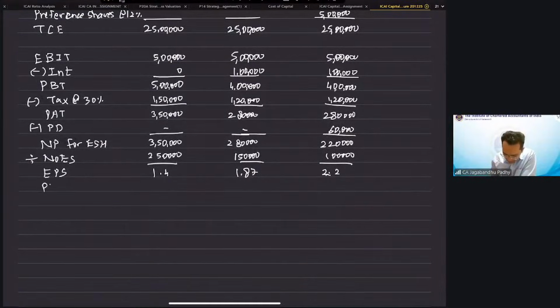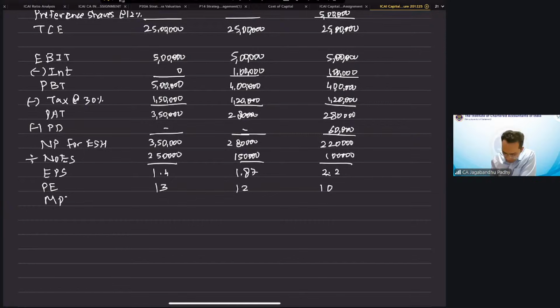So if these are the EPS, we calculate the market price next, using the price to earning ratio. Let's say the P/E ratio that's given to us is 13, 12, and 10.